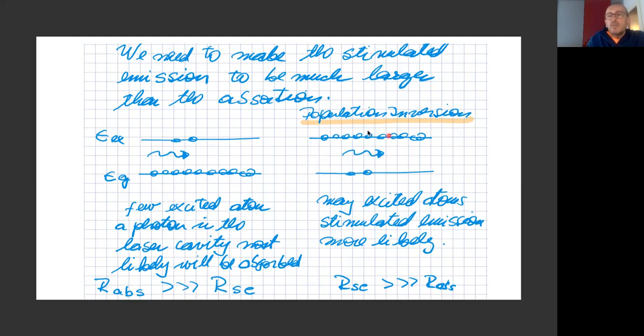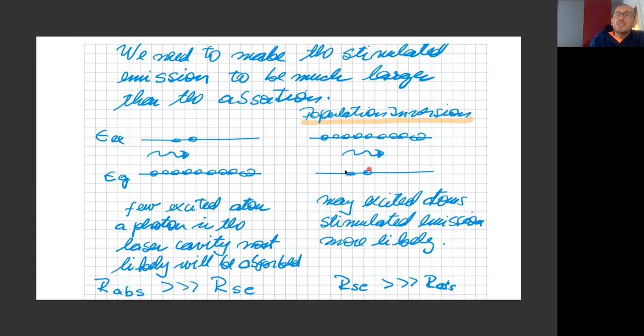Clearly, this situation is not an equilibrium situation. The equilibrium situation is the one that I've just described. So I have to manage to handle the system in a way that I could punch it, so all the atoms will be in the excited state. If I have this situation, the most likely outcome for this atom is that it will induce a stimulated emission of another of these atoms right here.